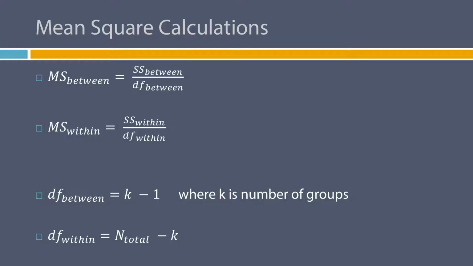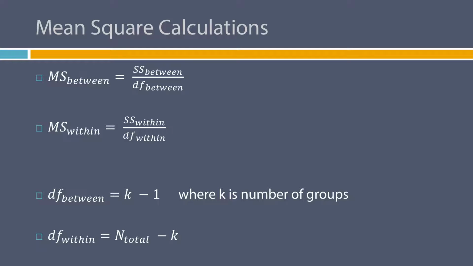Then we have degrees of freedom within. Now I didn't come up with these calculations. These were come up with by long-standing statisticians from way long ago, and they hold true even today. So now we have this thing called degrees of freedom within, which is a calculation of how many people are within each group. What it does is it says, what is the total number of people across all the groups minus the number of groups that exist?